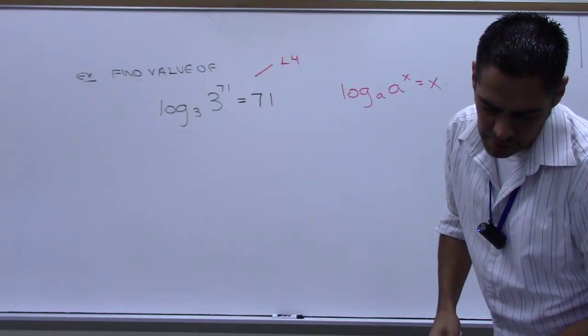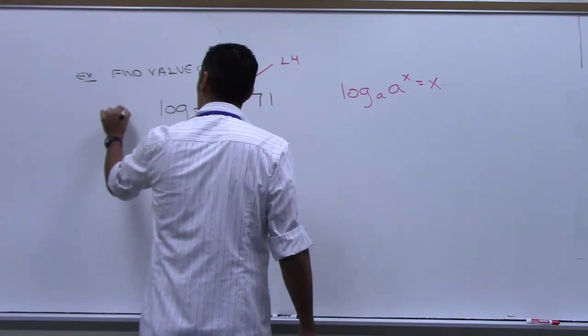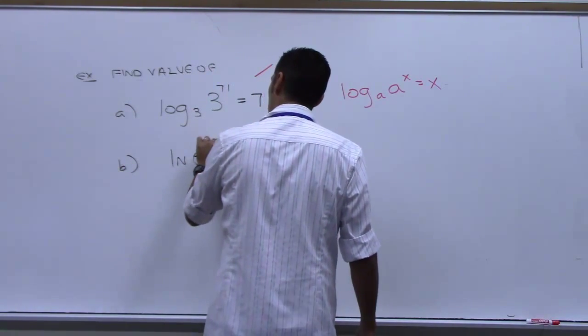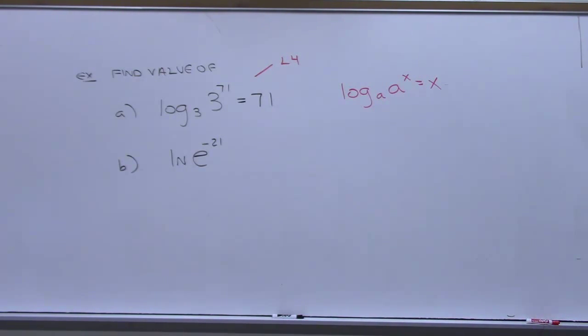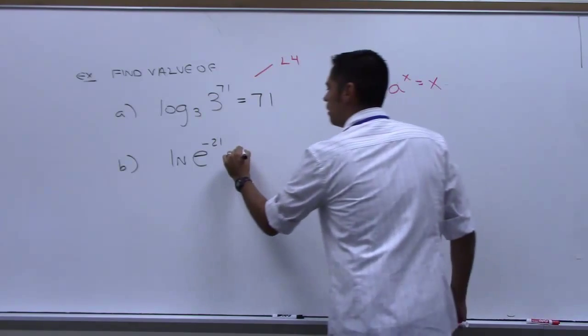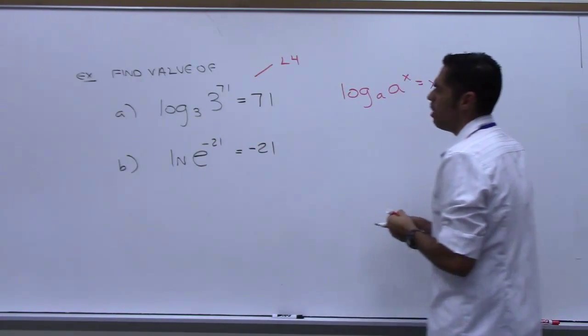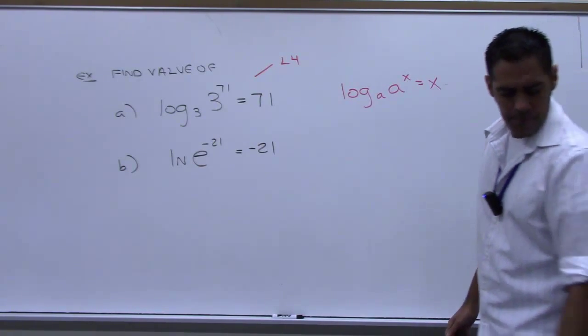I'll do another one. Find the value. We'll call that part A. Part B, how about natural log of e to the negative 21? Just negative 21. Because the property I'm using there, is that the same property? Yes. That's L4 again.